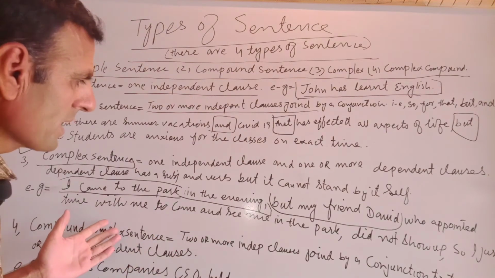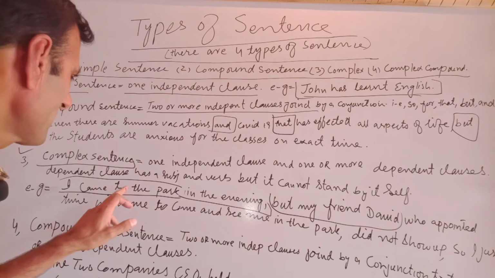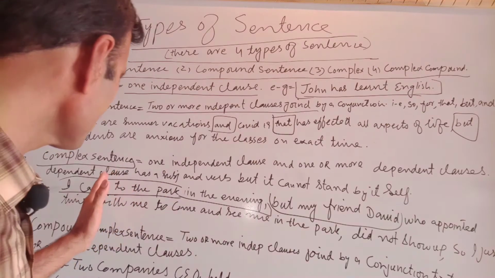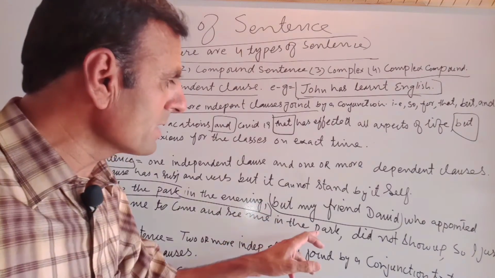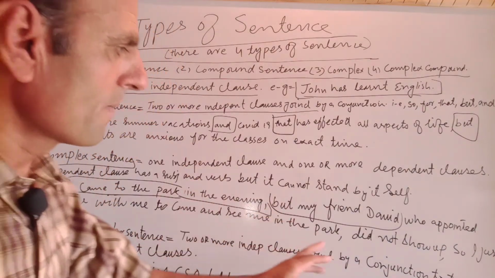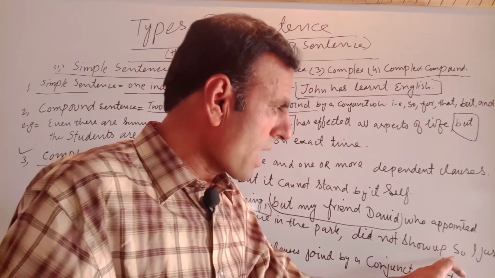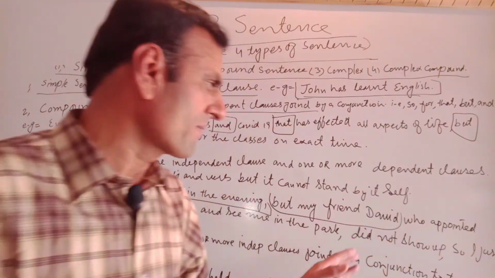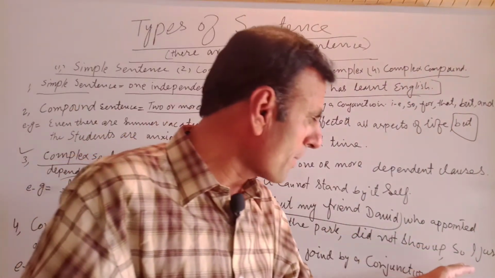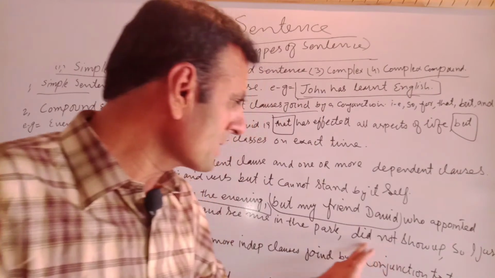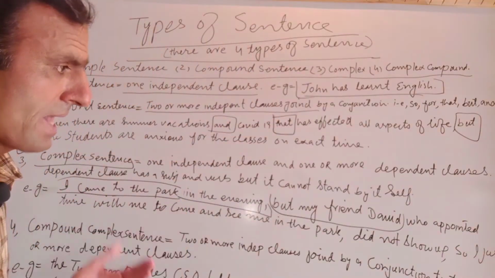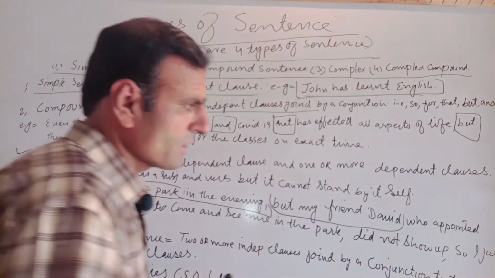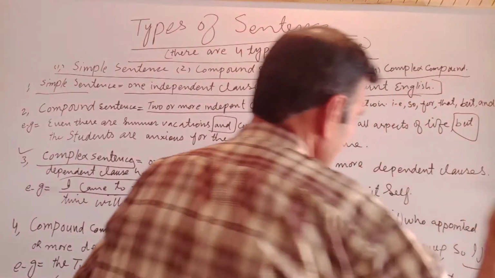It's giving no idea without an independent clause. But as we have written the independent clause at the start of the sentence, to come and see me in the park, now, did not show up. Who? My friend David did not show up. Again, a dependent clause. So I just left.